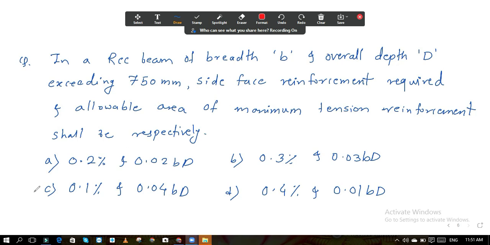So 0.1% and 0.04 D. So those who do not know, I will tell you, side reinforcement is 0.1% of gross area. Okay. So it is 0.1% of gross.